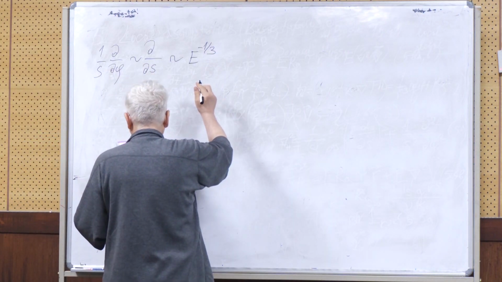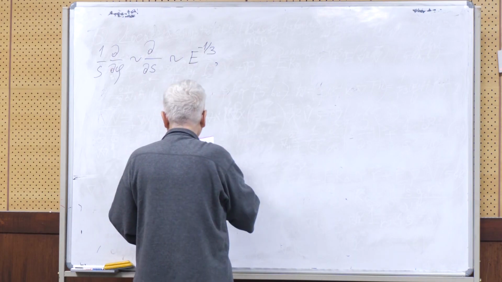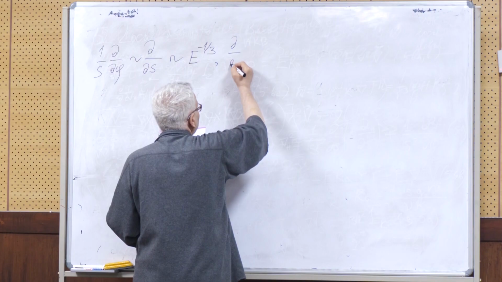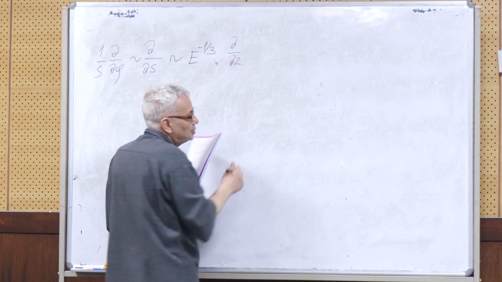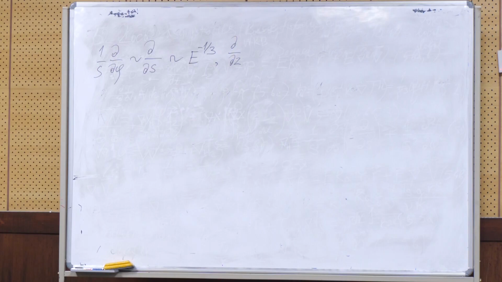Then the other scaling is that d by dz, as we already saw with you in these interesting pictures from the experiment, is of order 1. You see that there is almost no dependence in the z direction, and in this sketch you see also again that there is almost no dependence in the z direction.